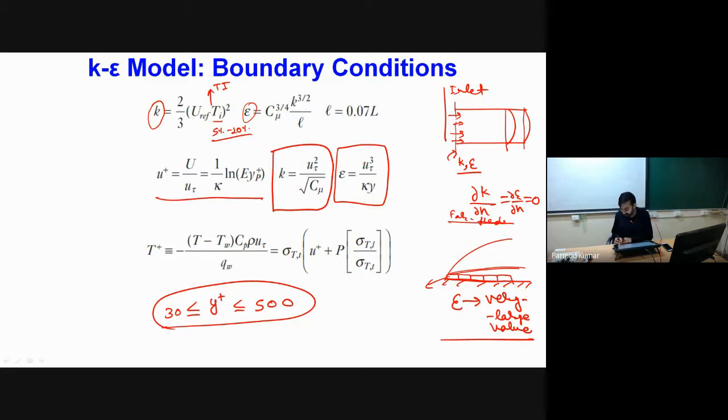Rather, for all the cells in this particular range, we calculate value of K and epsilon using simple algebraic formulations, derived from the theoretical knowledge of the turbulence. So this is one significant limitation of the K epsilon turbulence model, that we have to give some special treatment for the wall, because from the integration we will find that epsilon takes large value, and that will destabilize our numerical computations.